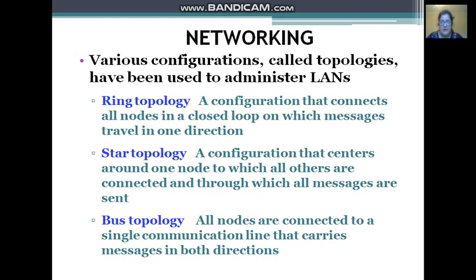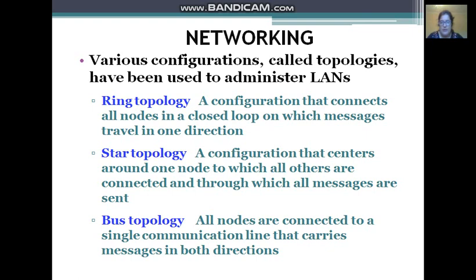Ring topology: a configuration that connects all nodes in a closed loop on which messages travel in one direction. Star topology: a configuration that centers around one node to which all others are connected and through which all messages are sent.